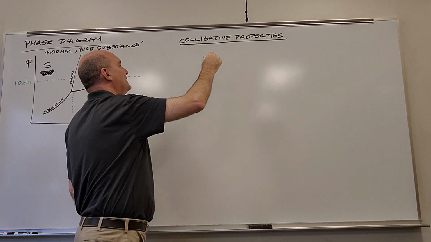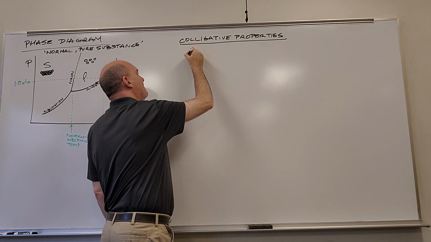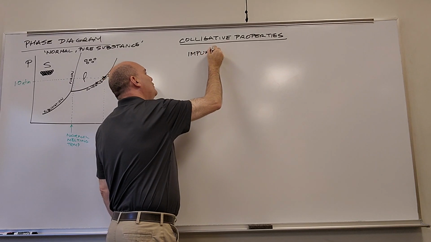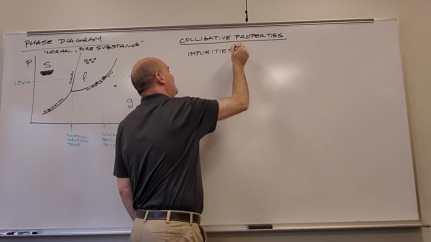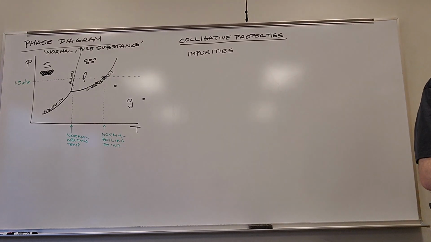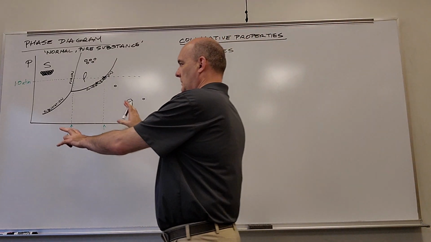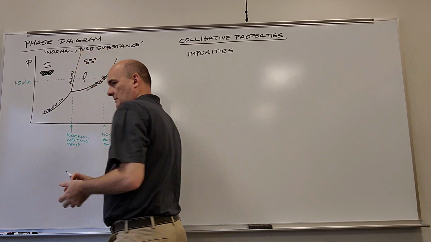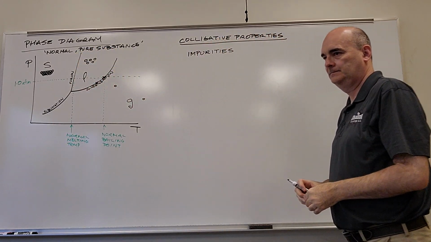This is where colligative stuff comes in. When you add an impurity, you change the shape of this phase diagram.